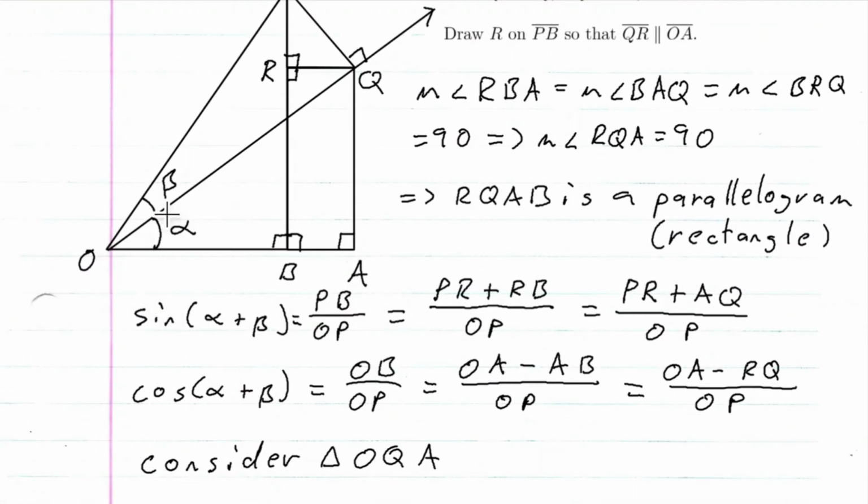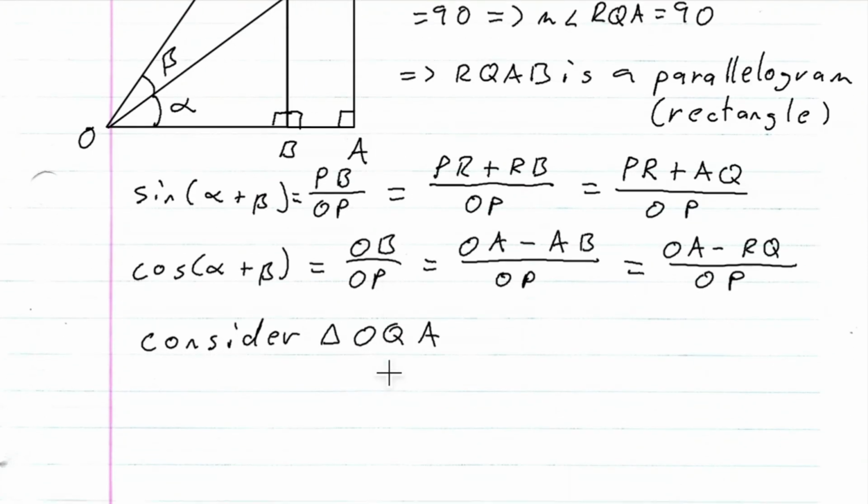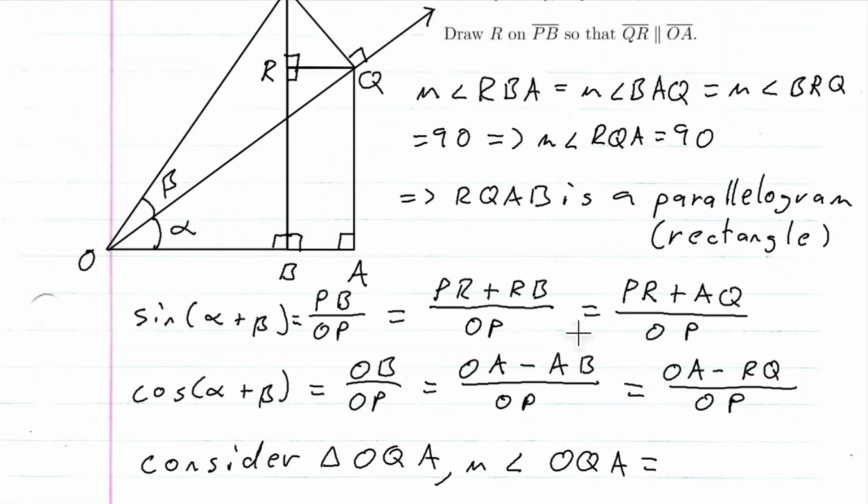The measure of angle OQA would have to be 90 minus alpha.